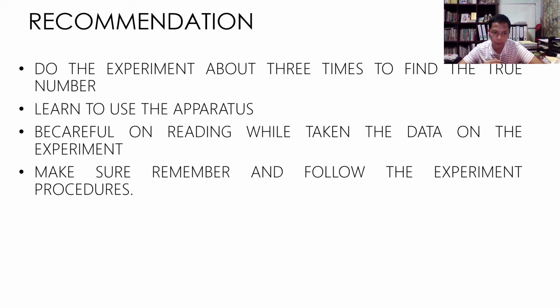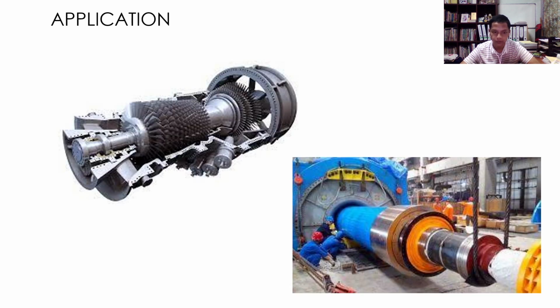Yes, that's correct too. So we must be careful. Maybe sometimes we just think to make it as simple as we want, but actually we must be careful on the reading, and make sure to remember and follow the experiment procedure. So by remembering and following the experiment procedure, we can reduce the error in doing the experiment.